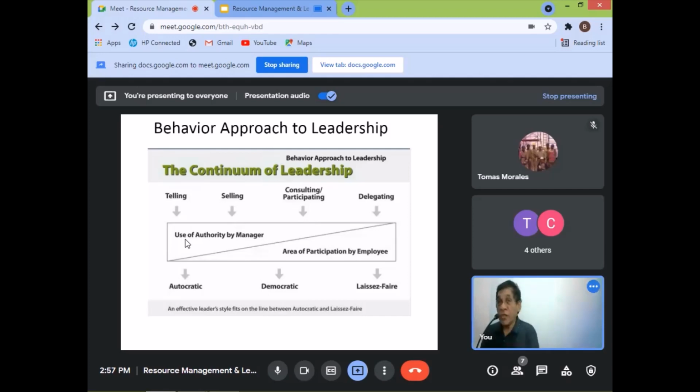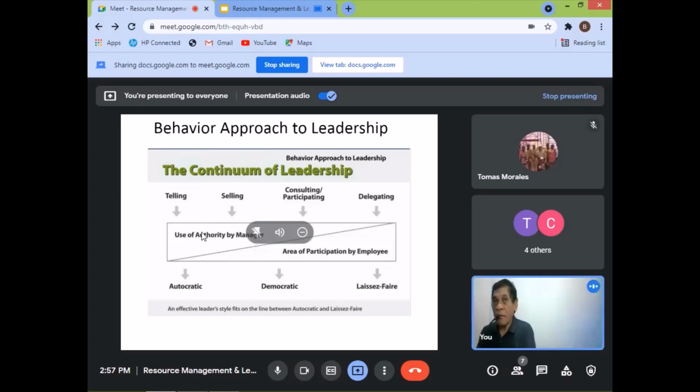You are closely guiding him or her, closely monitoring, giving instruction, and the employee has got nothing to do but follow the autocratic leadership. No question asked in terms of the authority. No participation. That's autocratic and that's telling.